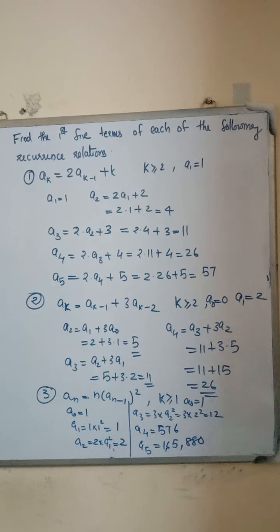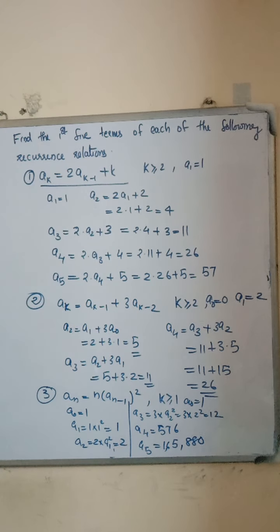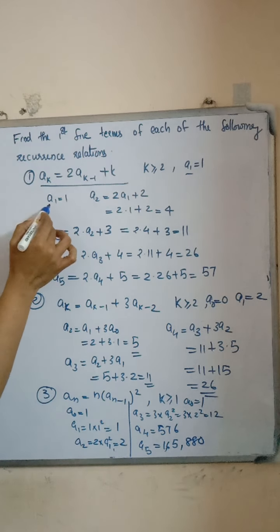Find the first 5 terms of each of the following recurrence relations. First recurrence relation is ak is equal to 2 into ak minus 1 plus k, where k is greater than or equal to 2 and the first term a1 is equal to 1 is given. So a1 is equal to 1.